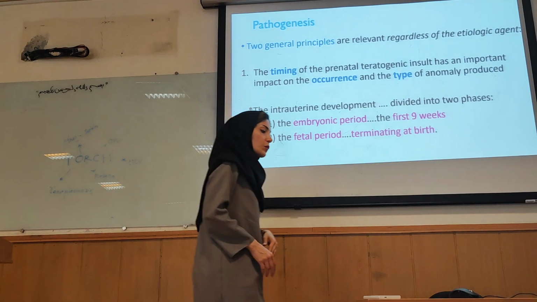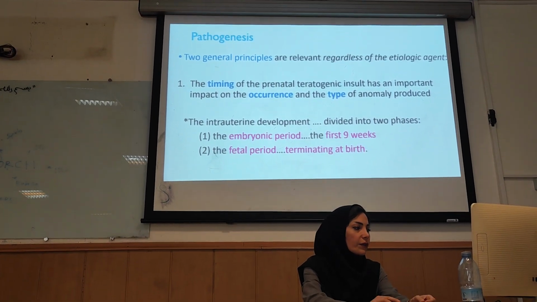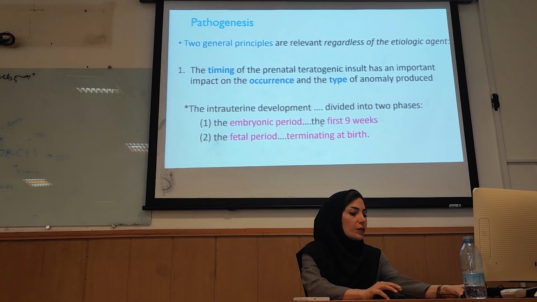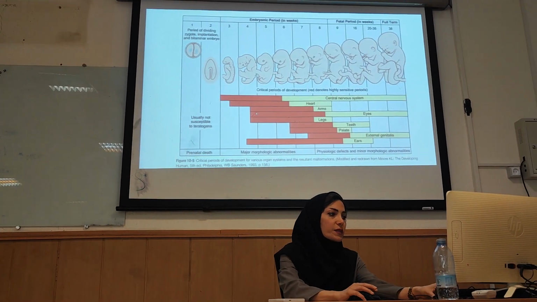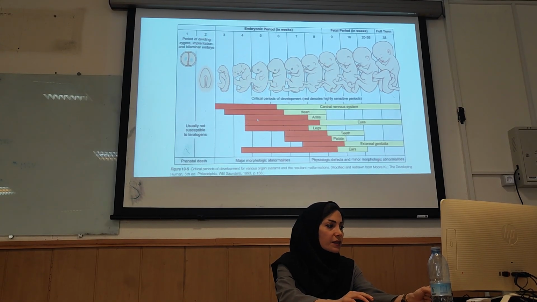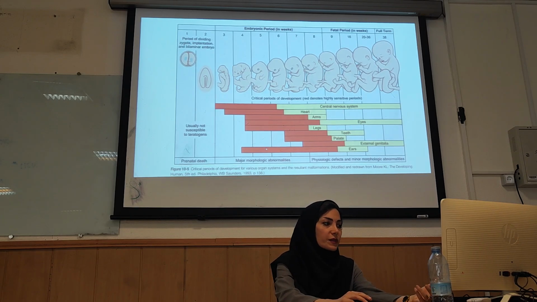In the first weeks of intrauterine life, the so-called embryonic period, the effects are more serious. In the first 9 weeks, the so-called embryonic period, abnormalities are more major and more serious than in the rest of the intrauterine life until birth.